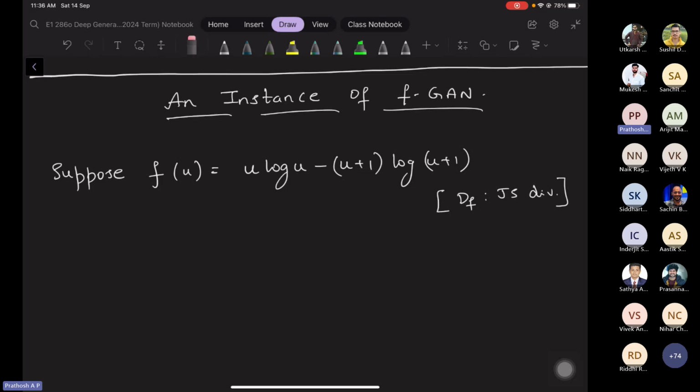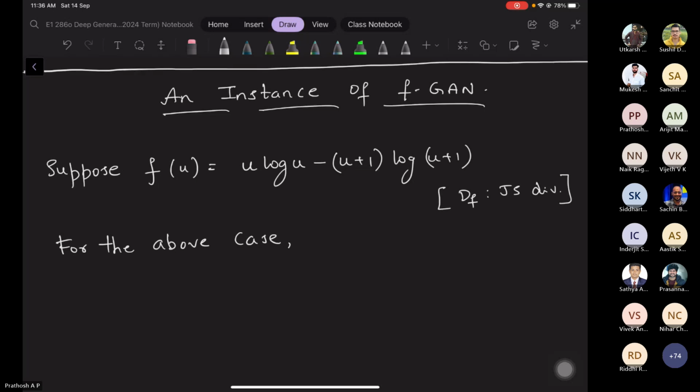Let me write that. So the cost function for the above case, recall that we denote it as J of theta comma w.